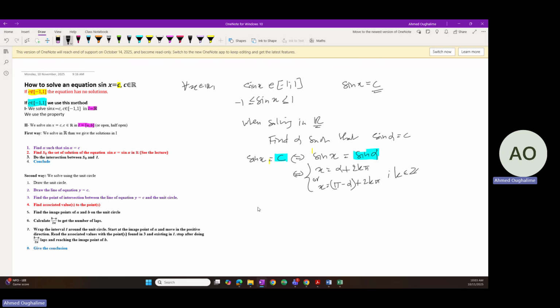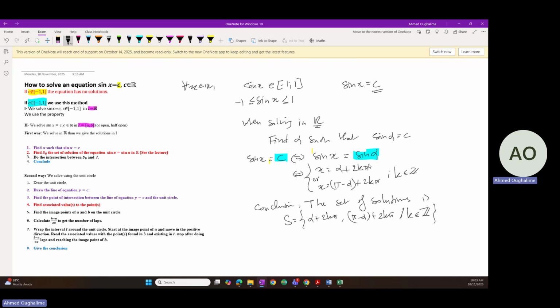So we'll write that as conclusion. The set of solutions is equal to {alpha + 2k pi, pi - alpha + 2k pi}, such that k is in Z. Now it depends what alpha is.